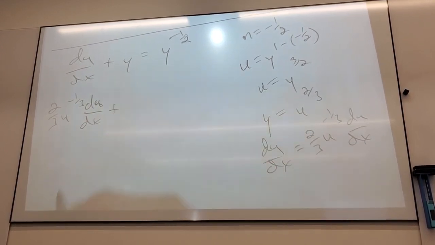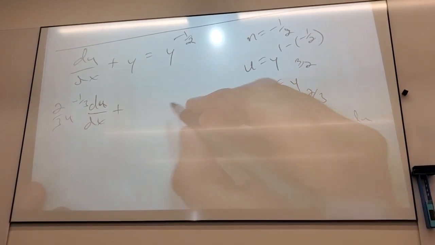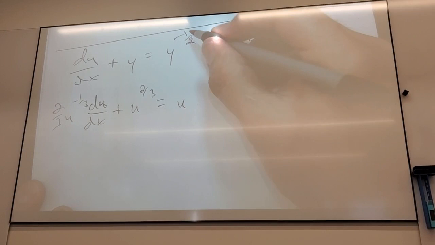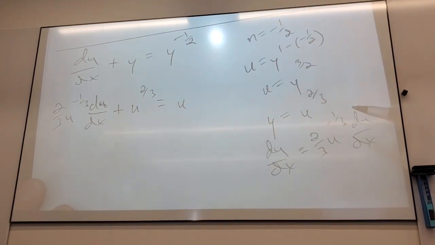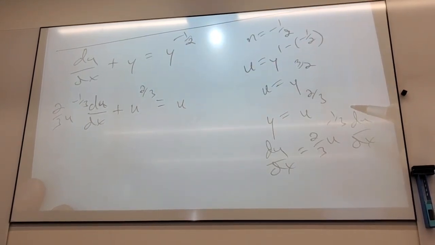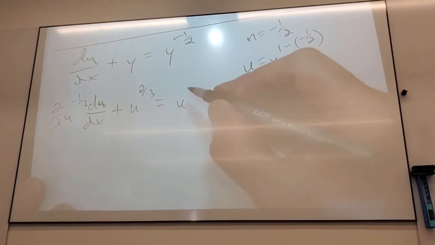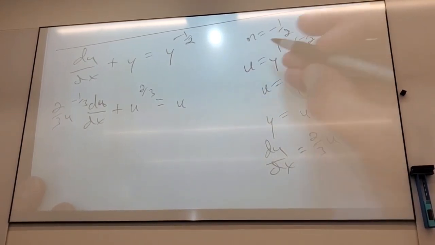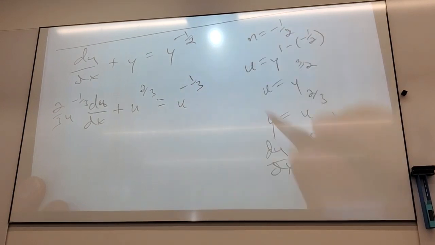What's y? u to the 2/3. So this will be u to the, well, if I raise something with powers to power and multiply powers, right? So what's negative 1/2 times 2/3? Negative 1/3, right?